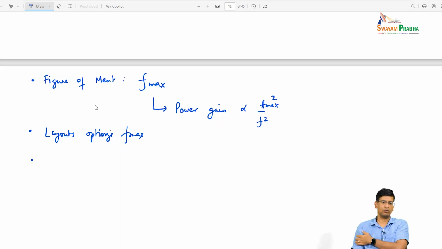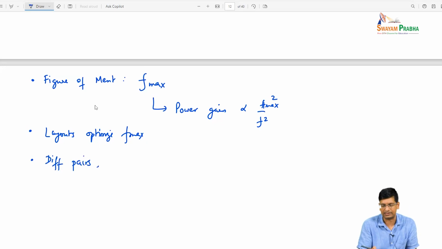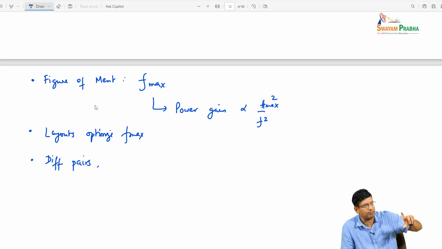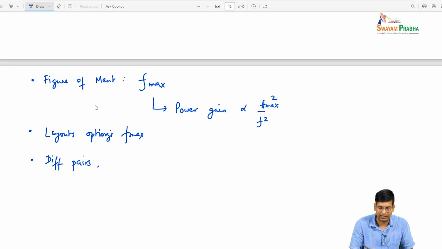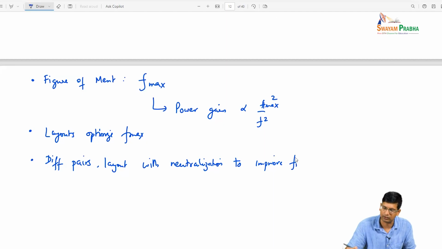We have seen that with diff pairs, and there are networks even with single-ended transistors through transformer feedback. You effectively can lay out with neutralization to get good Fmax, actually, I shouldn't say Fmax, but just to improve Gmax for the pair.